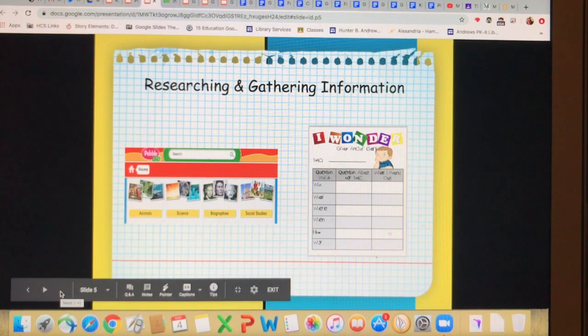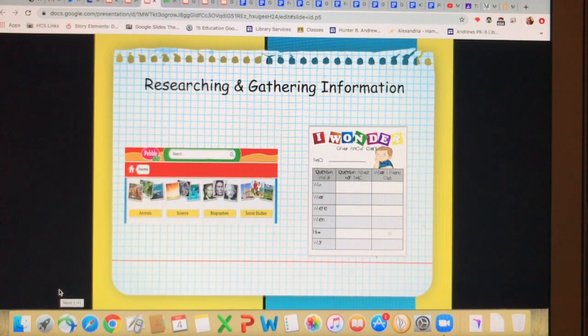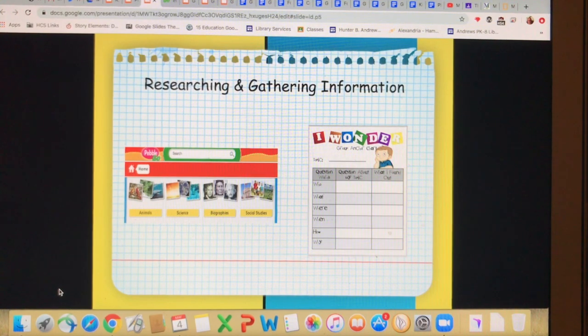What we're going to do next time is we are going to create a little project where we are going to write a few of the facts that we found out today. So you'll need a piece of paper next time and some crayons and maybe some markers and a pencil.